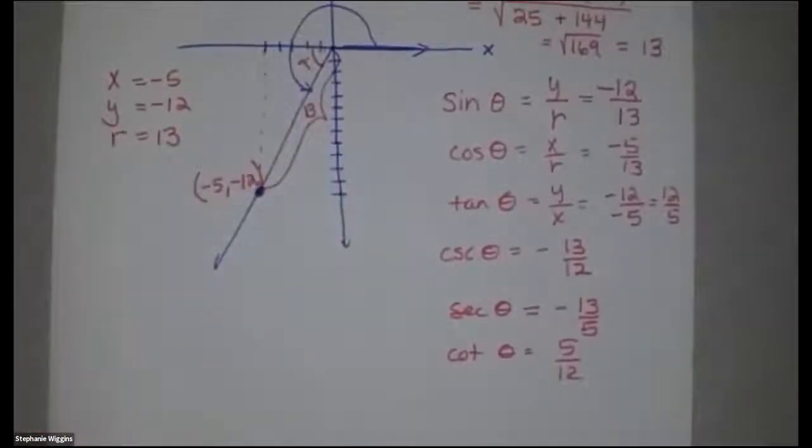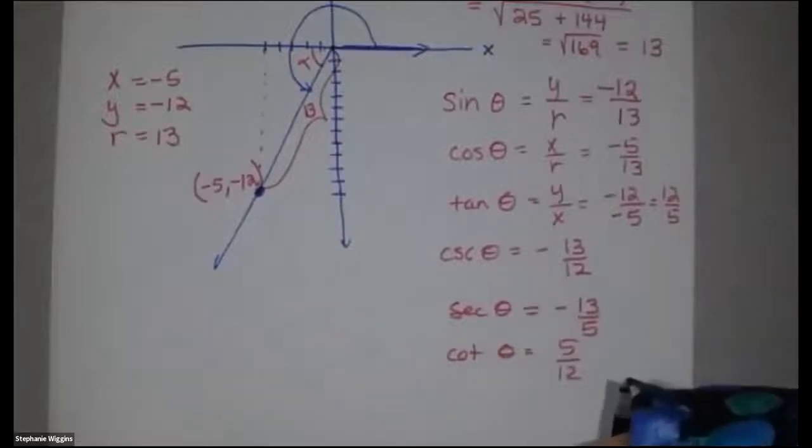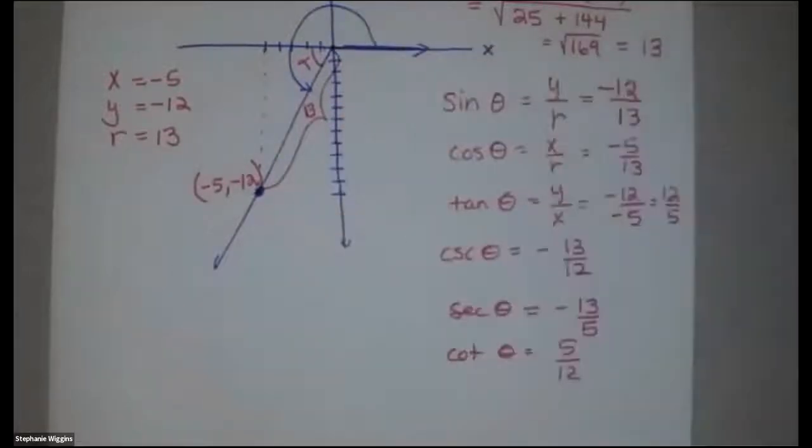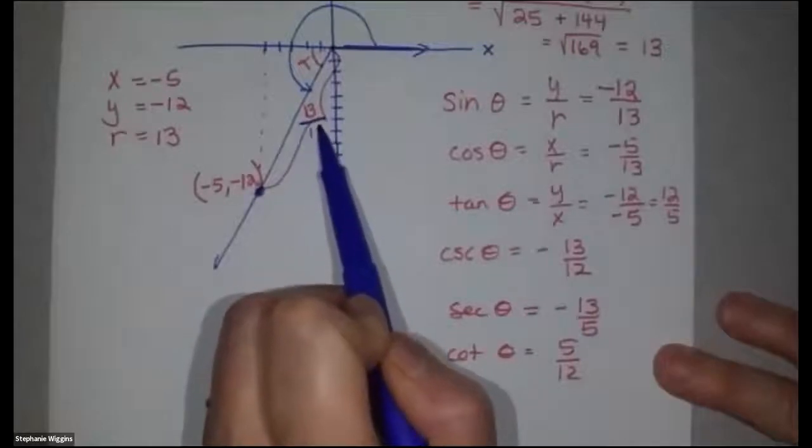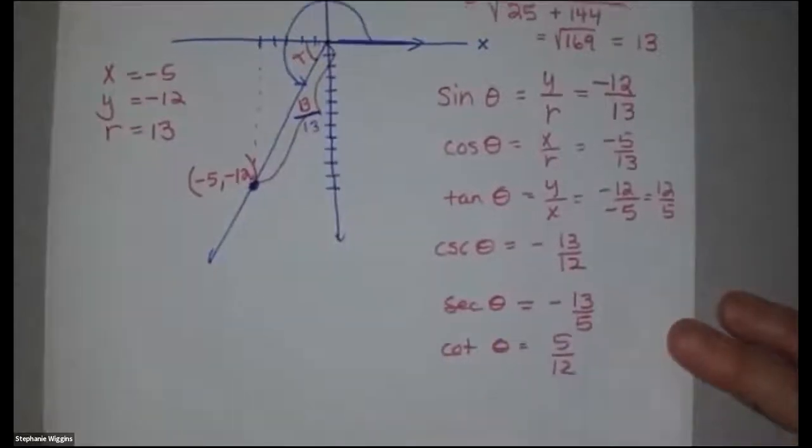Now remember, triangles are similar. So if I want to, I can go in after the fact and just say, well, instead of working with this triangle, let's just go ahead and divide by 13. If I divide this side by 13, my r is going to be 1.